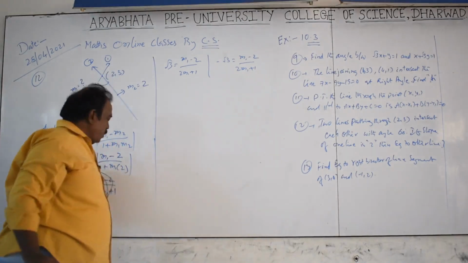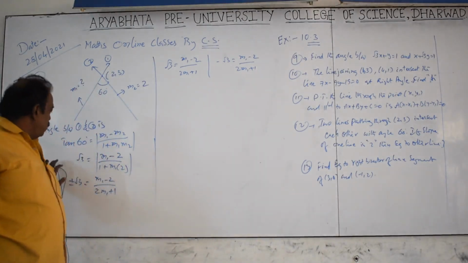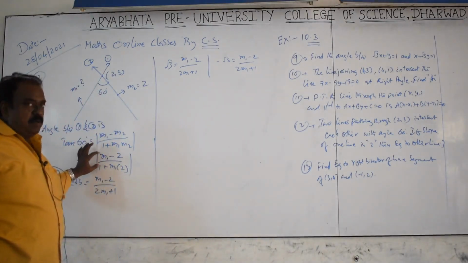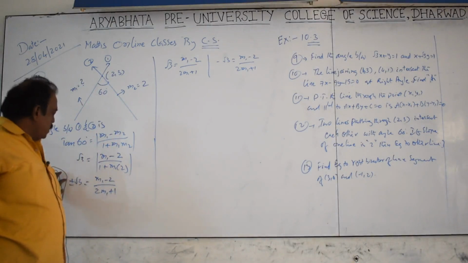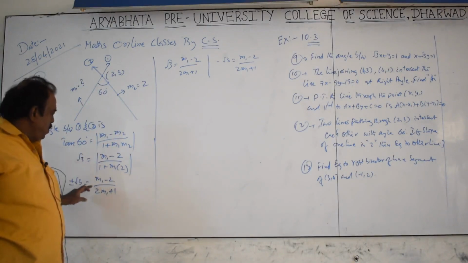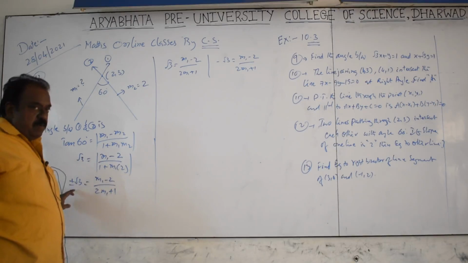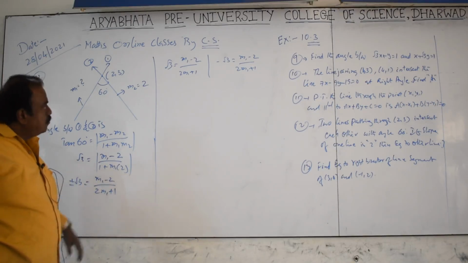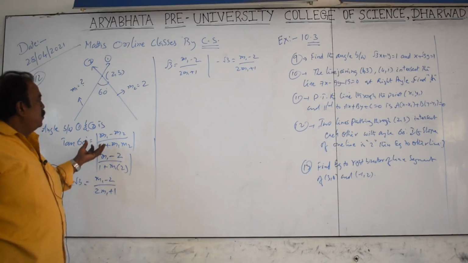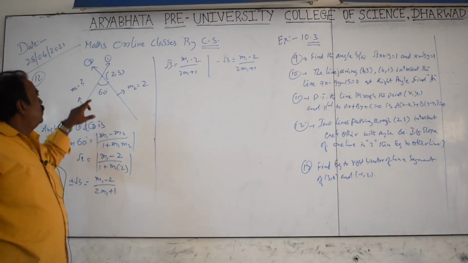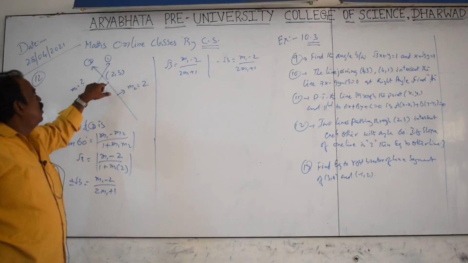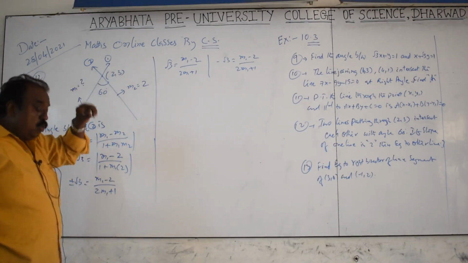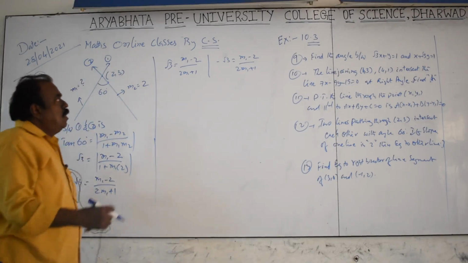Both cases are the same, but here I am removing the modulus, so we get plus or minus. Here also we may write it, but I am taking only plus or minus root 3. What is the purpose of taking the modulus? You know it. 60 degrees, it is 120 degrees. Now two angles are there.